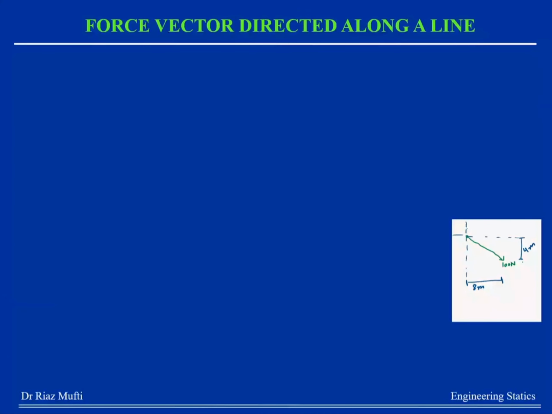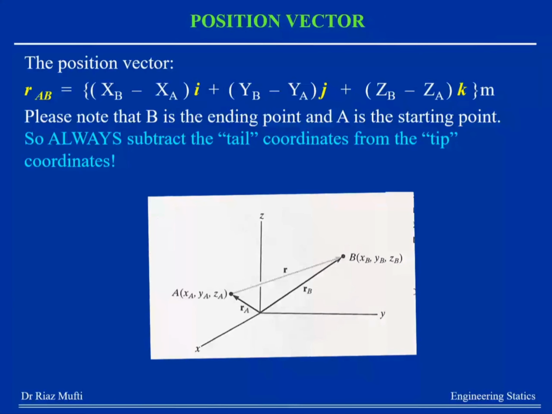Remember, if I am after the position vector R in space, I first found the position of A with respect to O, and then B with respect to O. Once I had my two vectors RA and RB, I subtracted and got my R out. Remember, this is in the second slide. So I'm doing exactly the same thing in the exercise.